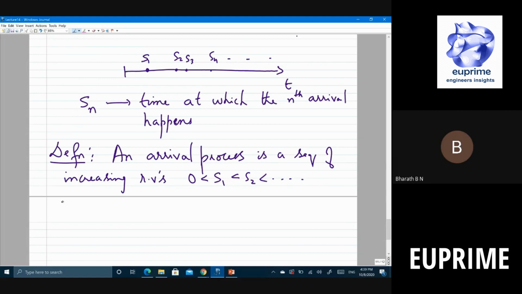What does this mean? This means that S(i+1) minus Si is greater than 0 almost surely. That's what it means.